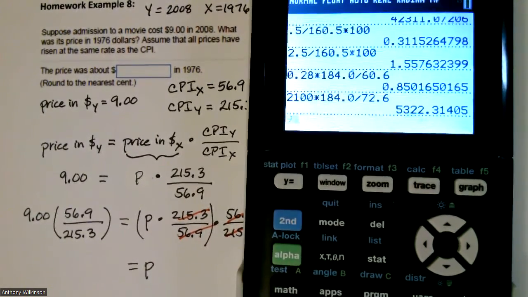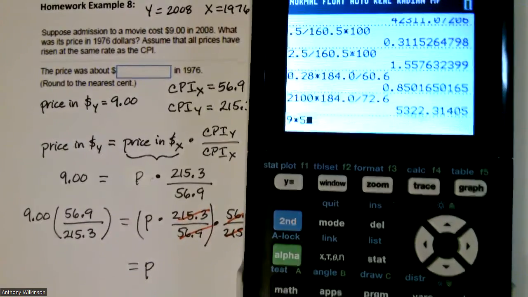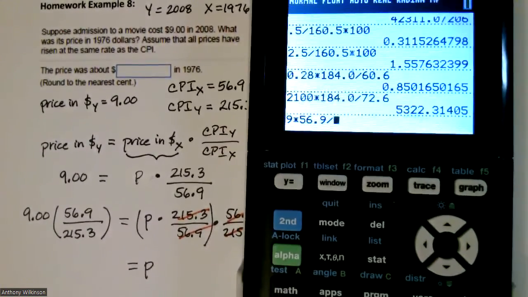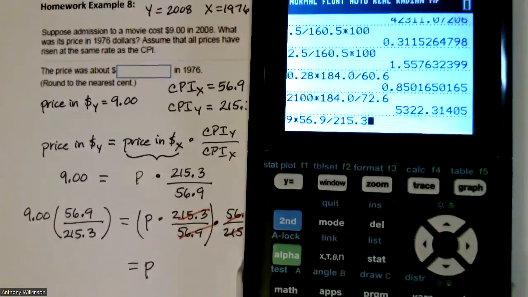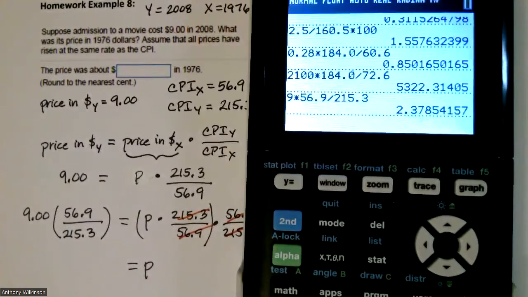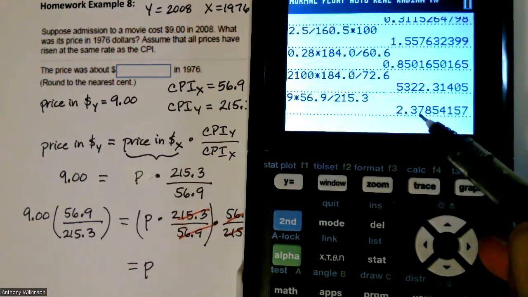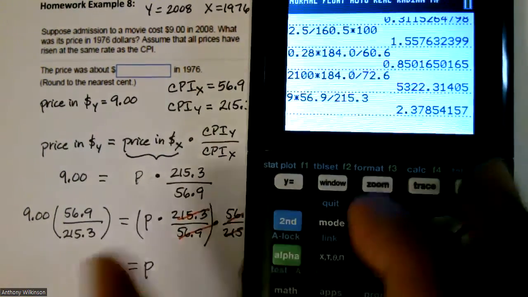Using my calculator, I'm going to do 9 times 56.9 divided by 215.3. And I'm going to round this to the nearest cent as indicated. That means 2 decimal places. So I have a 7, and the 8 makes that 7 and 8, so it'll be 2.38.